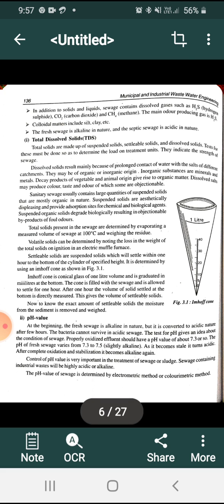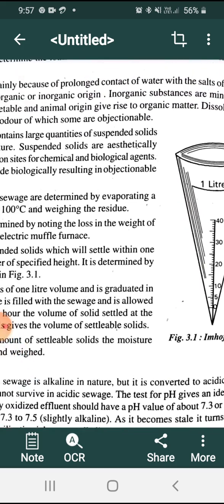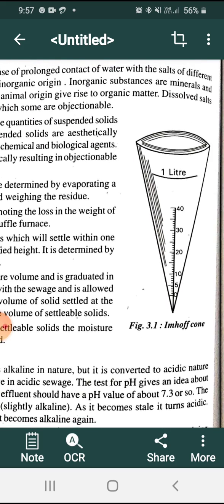Here we are using this instrument. You saw this one. This is a glassware made of borosil. It has a capacity of 1 liter. It is a cone type glassware, called the Imhoff cone.